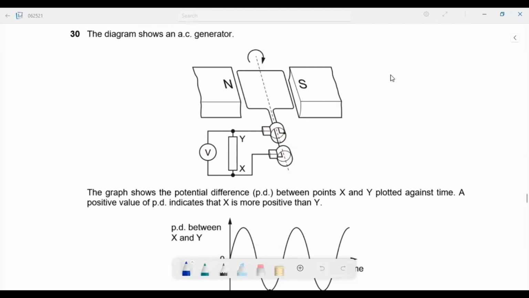Next, the diagram shows an AC generator. So we can see an AC generator here. The coil is connected to Y plate and one end is connected to X plate. The graph shows the potential difference PD between X and Y plotted against time.